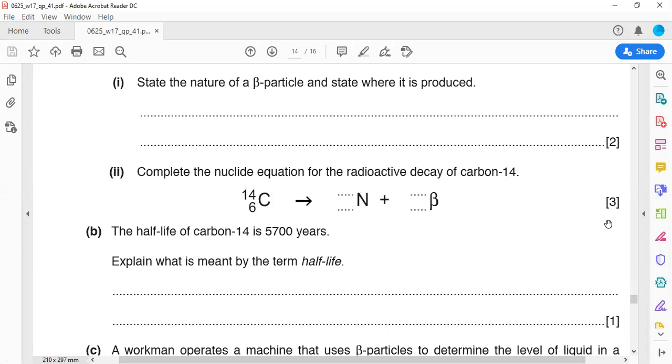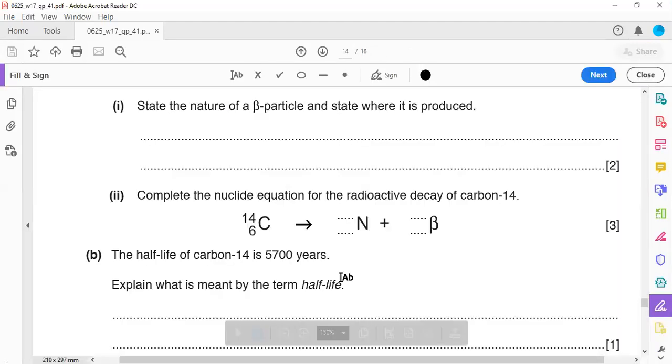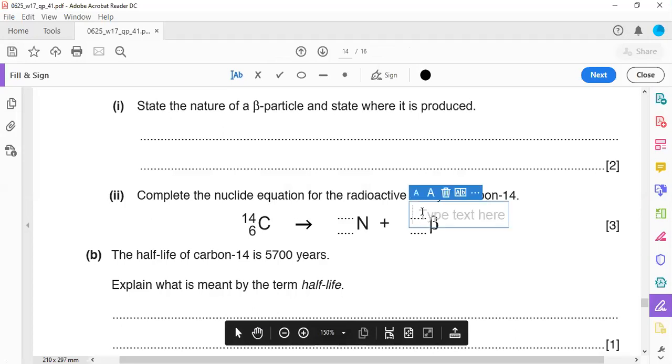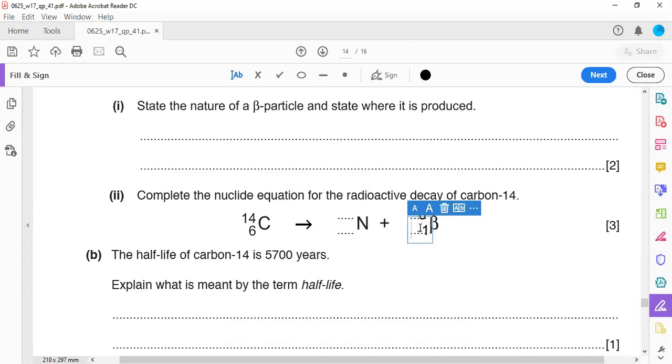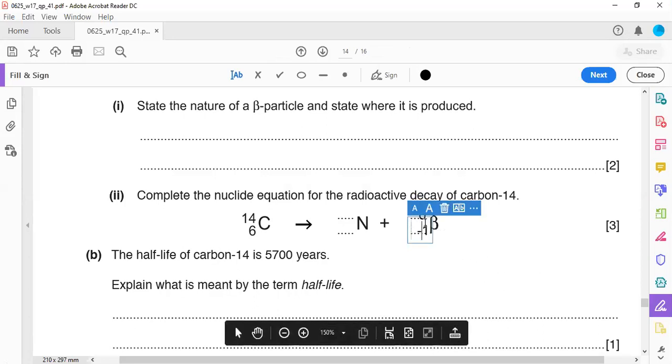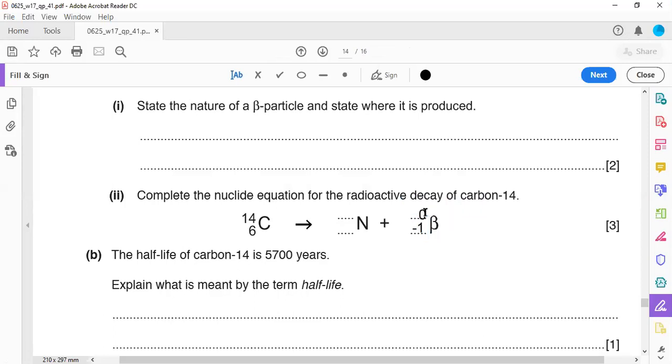So we know beta is what? You have to have 0 and minus 1. So you put in 0 here. First thing, as you see, take a 0 and minus 1 because you know beta is minus 1. What plus 0 is going to give you 14? You're going to get 14 again. So 14 plus 0 gives you 14. And what should your bottom number be? 7.